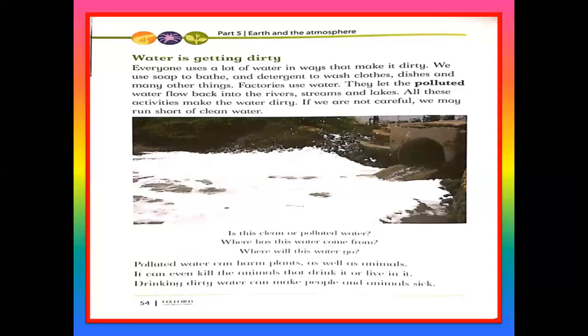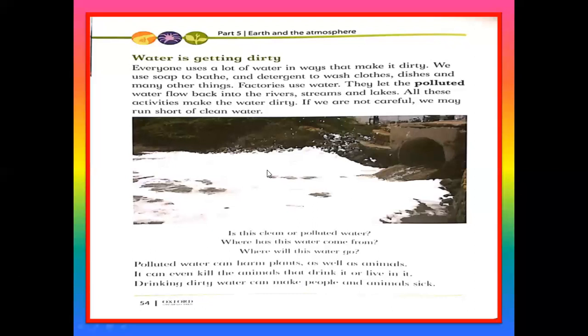First of all, when we take a bath, what happens? We use soap and shampoo to bathe. And also when we wash clothes, dishes, and other things in our homes, we use different detergents to clean the things and also to kill the germs.